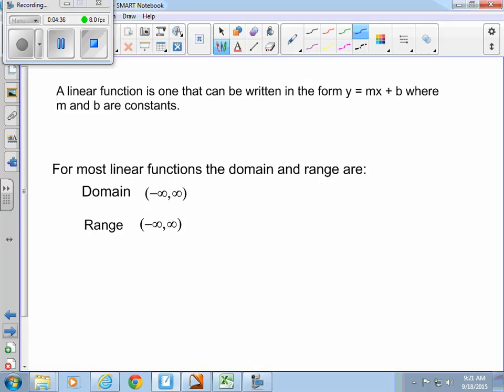For almost all linear functions, the domain and range is negative infinity to infinity. Why do I say almost all? Does anyone know one linear function that doesn't have a range of negative infinity to infinity? Well, it's linear, so it's just a line.